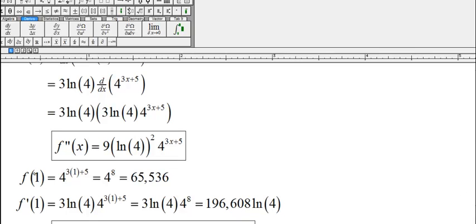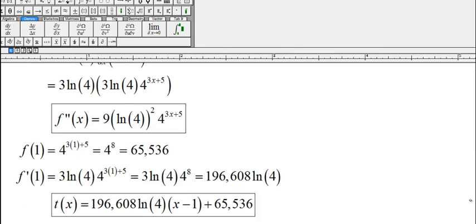If we plug in 1 in the place of x in the original function, 3 times 1 is 3 plus 5 is 8, so we get 4 to the 8th, which is 65,536. Just pulled out my calculator for that. If I plug that 1 in f prime, this is still the same 65,536, but I multiply that by 3 and get 196,608 times the natural log of 4.